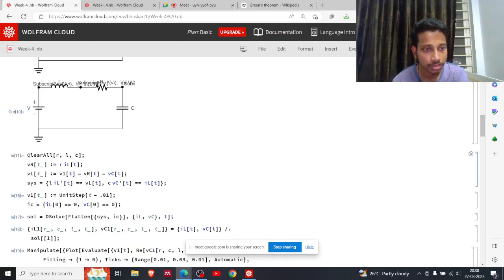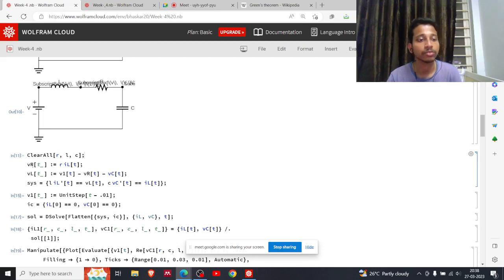Now the first line is ClearAll for R, L, and C. If in any previous instance we have assigned a value to R, L, and C, that value will be erased using this particular line.